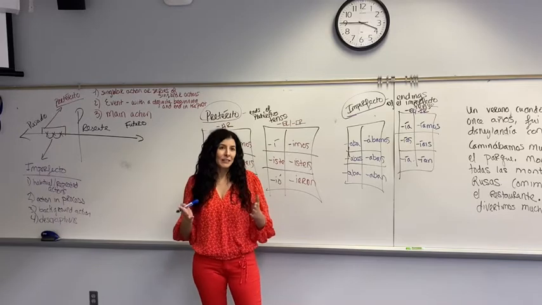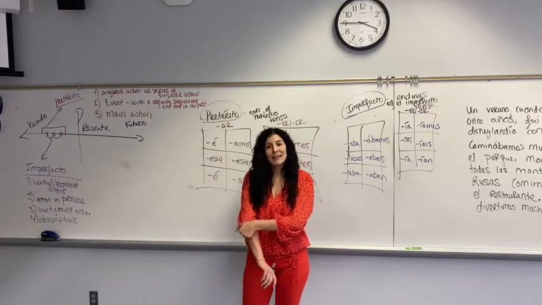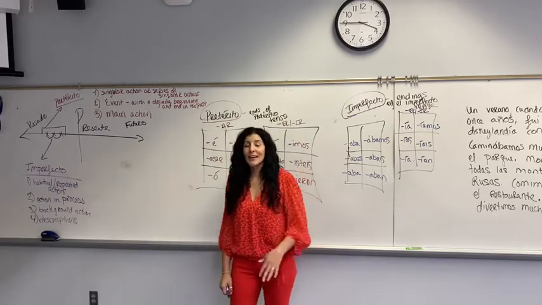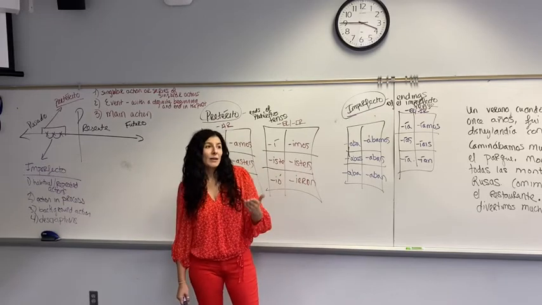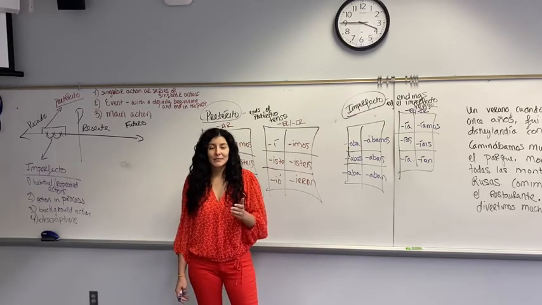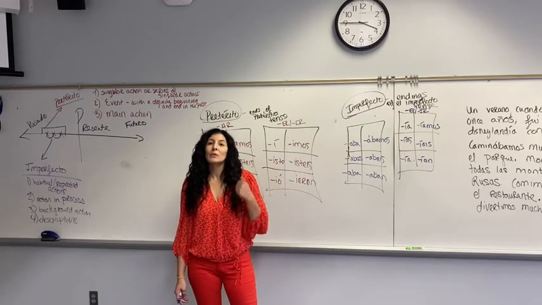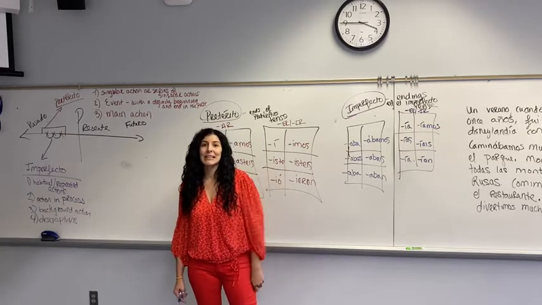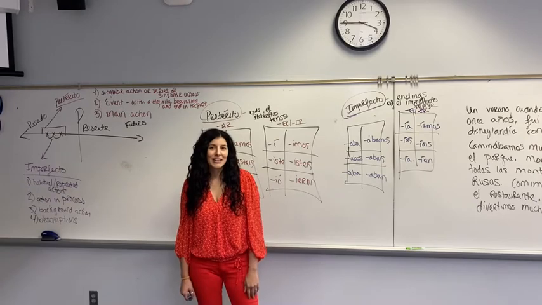So in English, right, whenever we're talking about past actions, we will say things like, I went, I was, I did, I worked, right? We're gonna use the ED, right, often to indicate that we've done an action in the past tense.